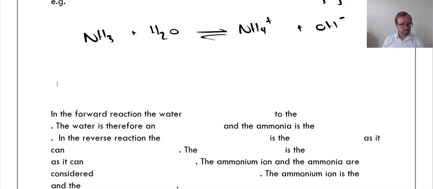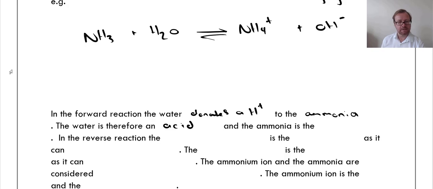So in the forward reaction, the water donates a H plus to the ammonia. So my water has donated a H plus to the ammonia, which has formed an ammonium ion. The water is therefore an acid, and the ammonia is the base, which makes sense.